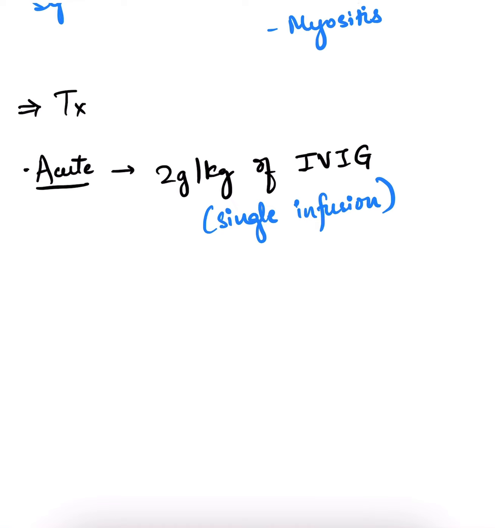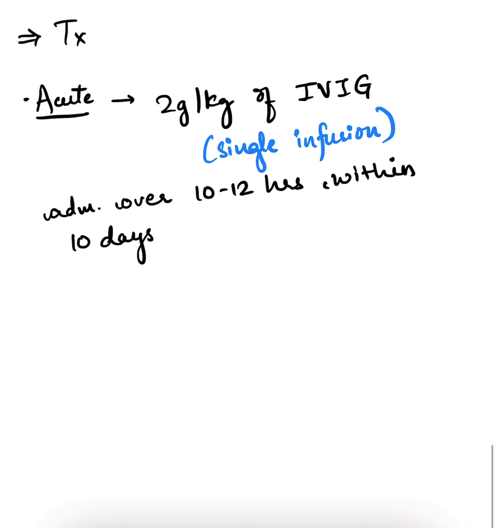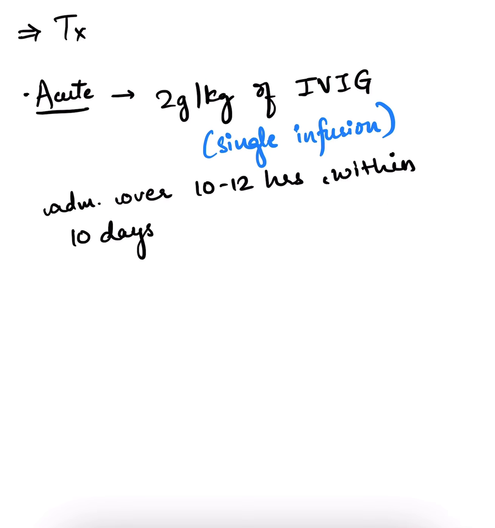So how is this administered? It is administered over 10 to 12 hours and within 10 days. Okay, so this is the most important treatment, that is of the IVIG.